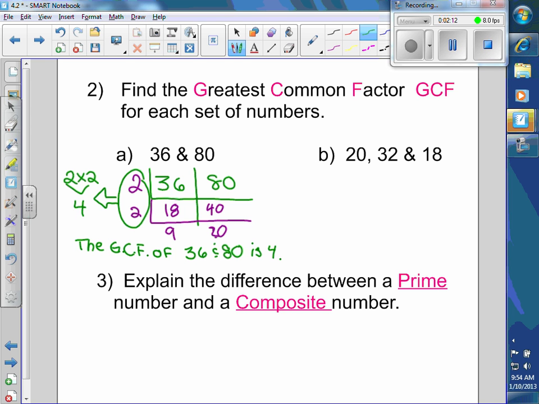Unless you can just see it in your head, which a lot of you can for small numbers. The other method some of you might have used is factor trees, which becomes quite a bit of work because you have to look at all the prime factors, line them up. So I would recommend that you stick with this. And if you don't like this, does anybody really not like this?